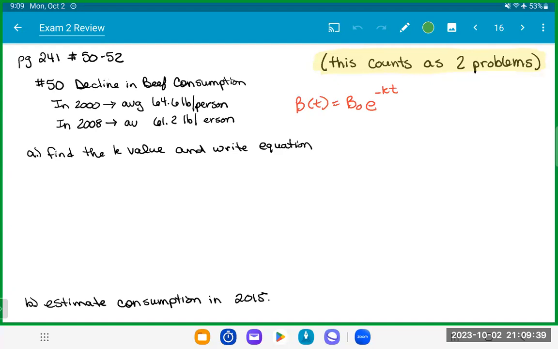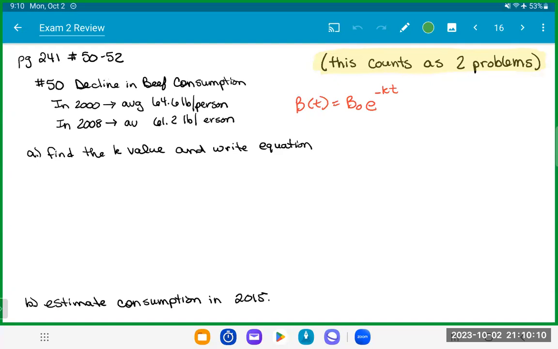Assuming that the beef consumption t years after the year 2000 is decreasing according to an exponential decay model, we want to find the value of k and write the equation. Then we want to estimate the consumption in 2015. And also we want to tell when we think the consumption will be at 20 pounds per person.